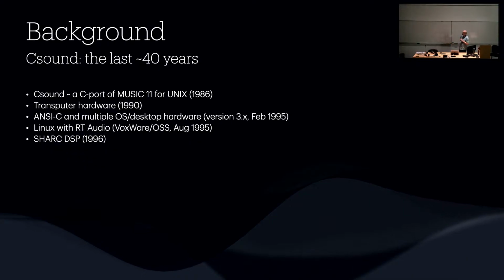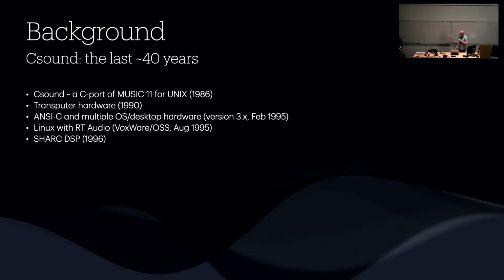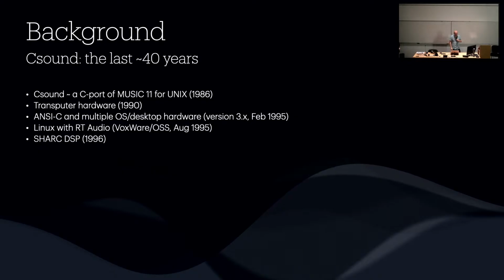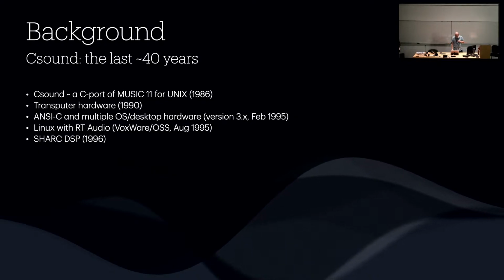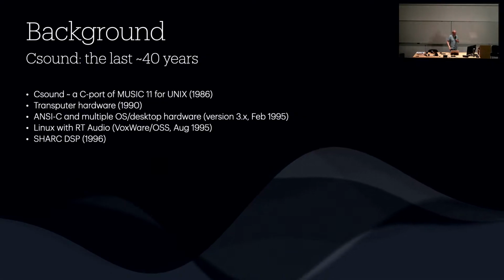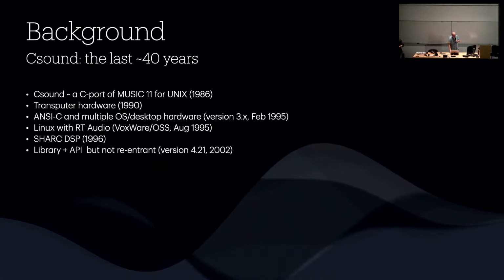Then in '96, Barry developed the extended Csound, which was running on a Shark DSP. So all those things are relevant to us. I'm not talking about everything that happened, but things that are relevant to us here today.